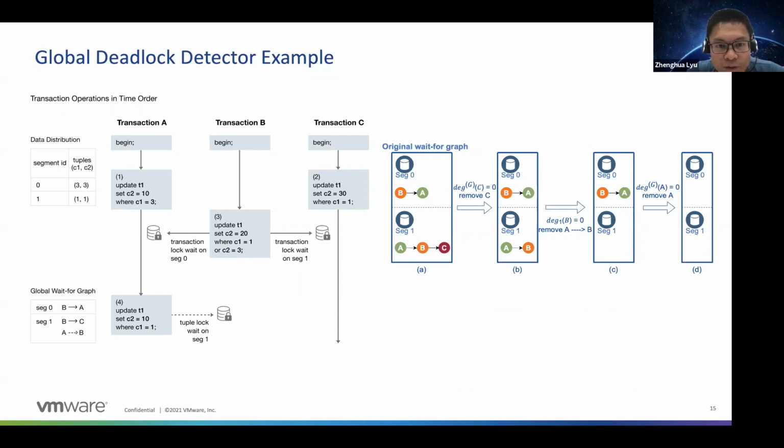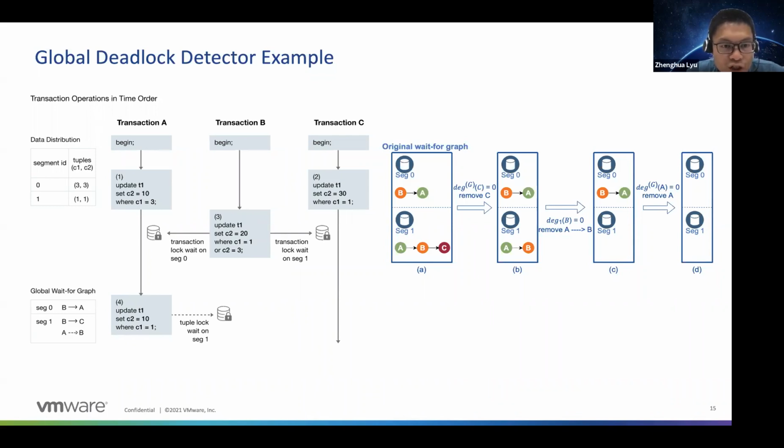One important thing to mention here: if transaction C aborts, then transaction A and transaction B will form a global deadlock. So someone may ask, this is really a global deadlock issue, but your GDD algorithm does not detect it. Really? No. This is the correctness of the GDD algorithm.